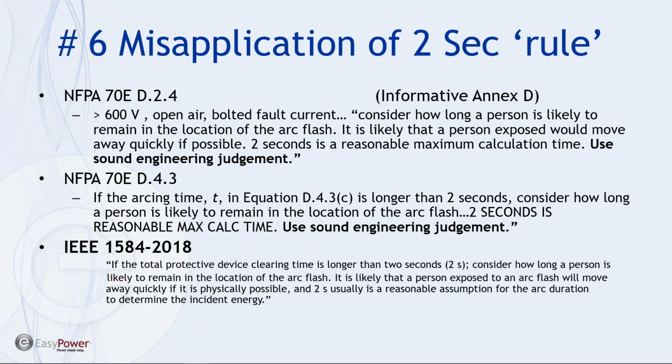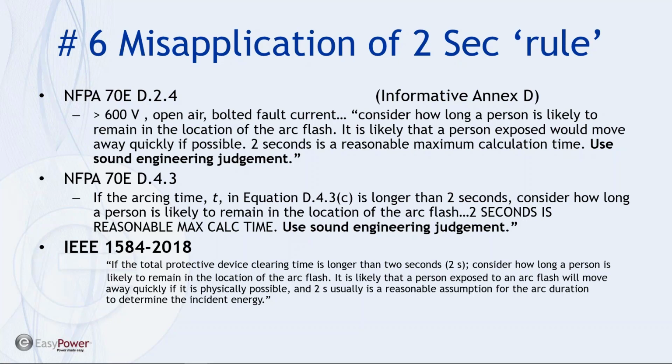Consider how long a person is likely to remain in the location of the arc flash. If it is likely that a person exposed would move away quickly if possible, then 2 seconds is a reasonable maximum calculation time. Use sound engineering judgment. That was greater than 600 volts.